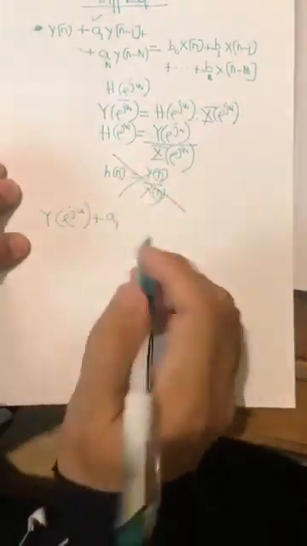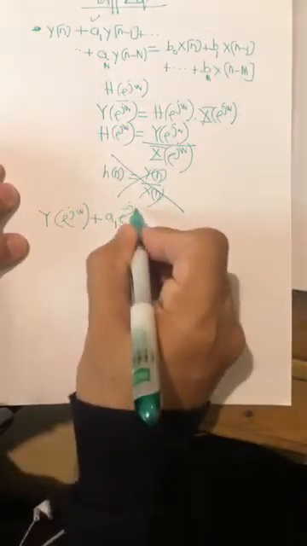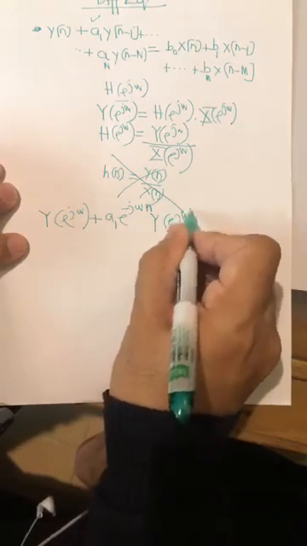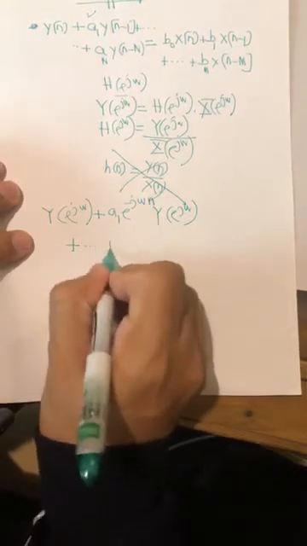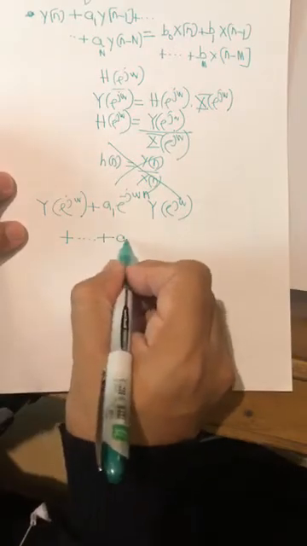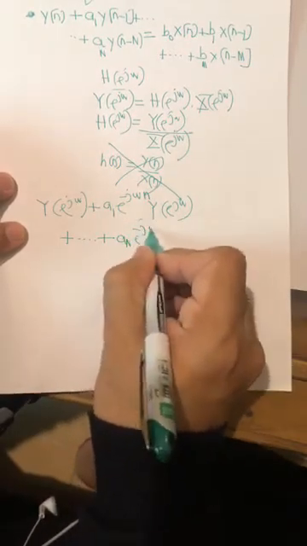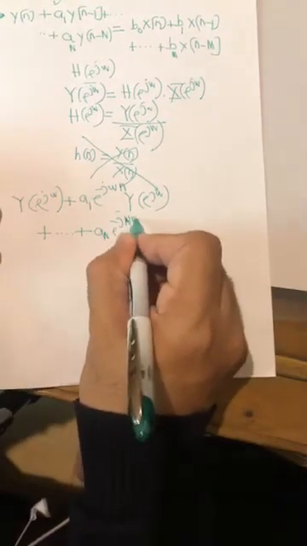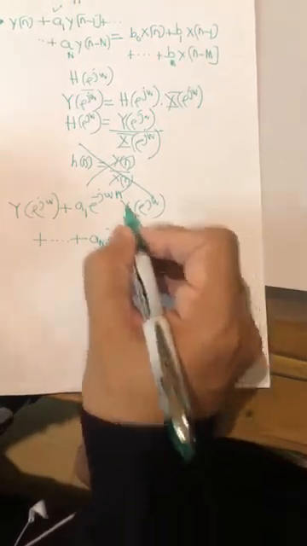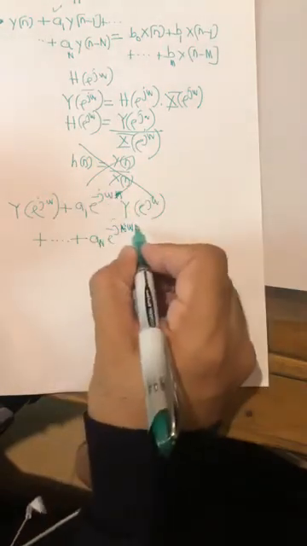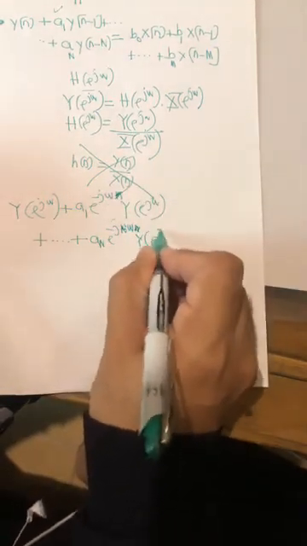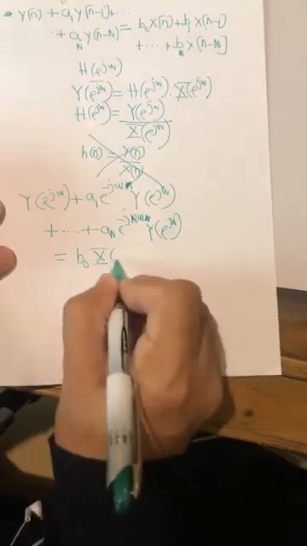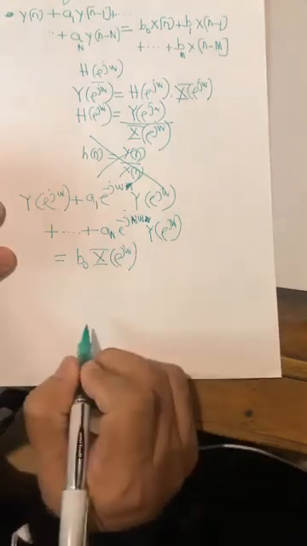This will be reduced into a very simple expression: Y(e^{jω}) plus a1 e^{-jω} Y(e^{jω}) and so on up to an e^{-jωn} Y(e^{jω}). Sorry, there is no n in it. And on the other side it is b0 X(e^{jω}).